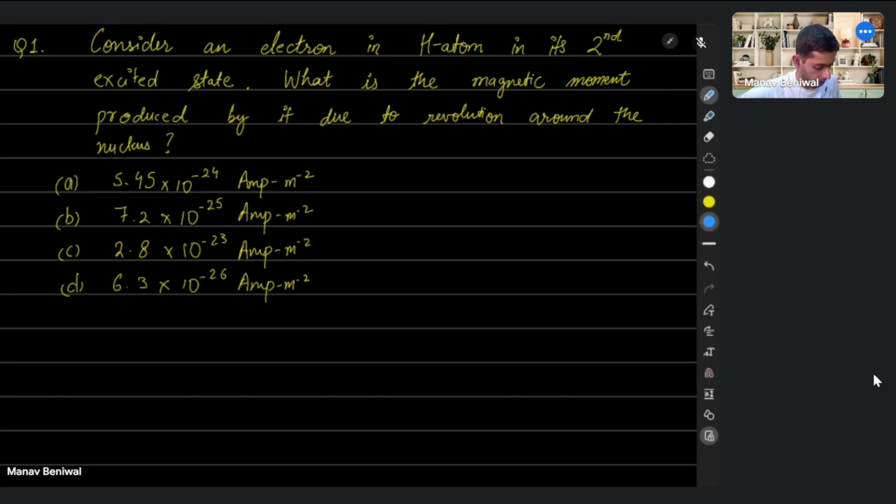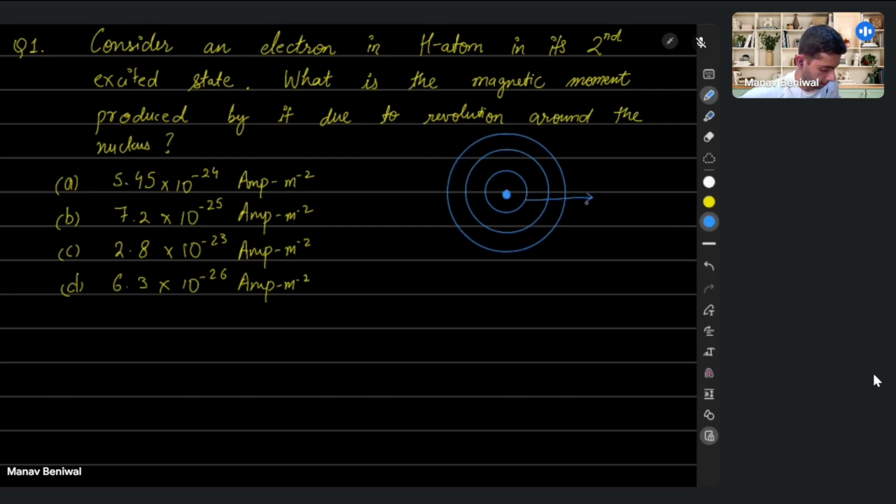Okay, so let's say this is our nucleus of hydrogen atom, which is just a proton, and let's say this is the ground state, and then this is the first excited state, and then this will be second excited state, right?